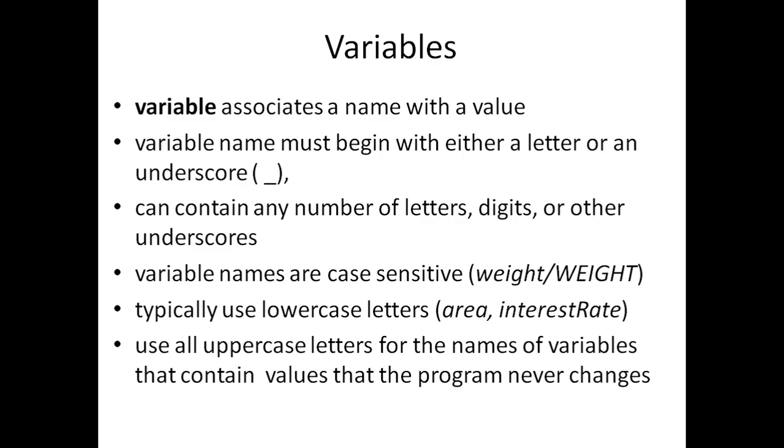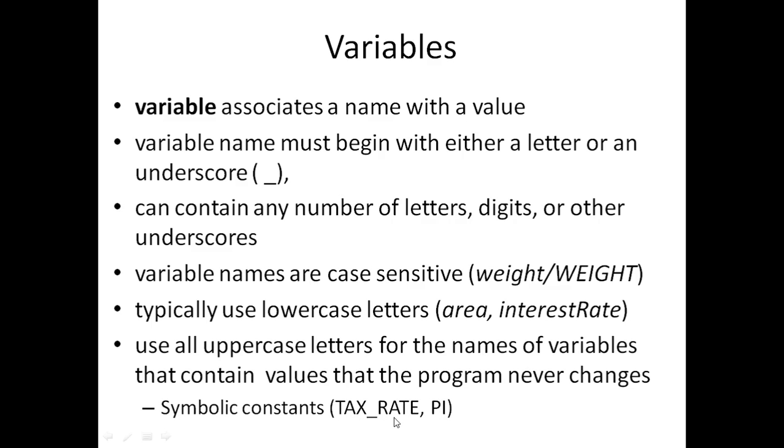It means that variable value will not be changed in the program. All will be in uppercase letters. We call these symbolic constants, constant values which will not change in the program.